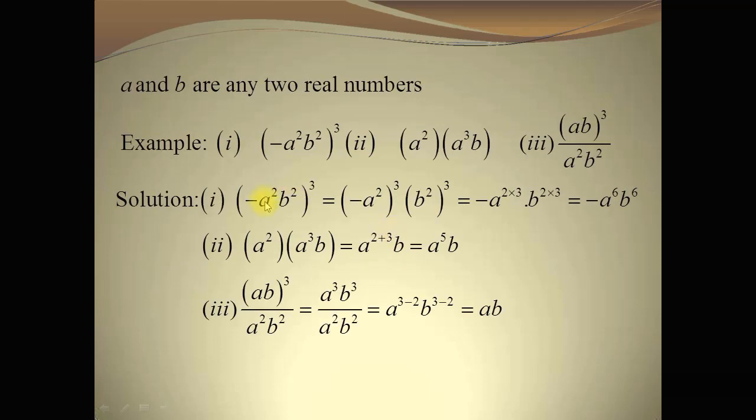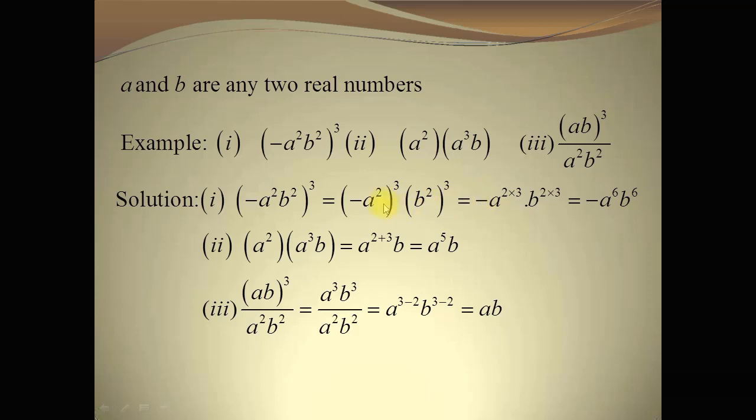For the base a, we multiply the power of a, 2 multiplied by 3, but here the minus symbol means that we have minus 1 power 3. So first of all, calculate minus 1 power 3. So minus a square whole cube into b square whole power 3, and minus 1 power 3 means minus 1.